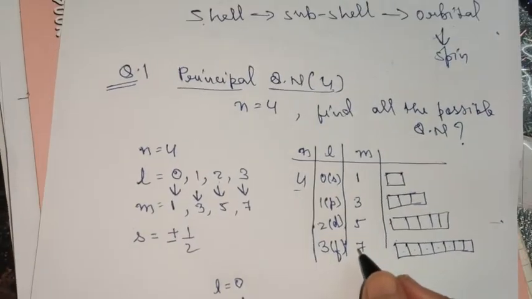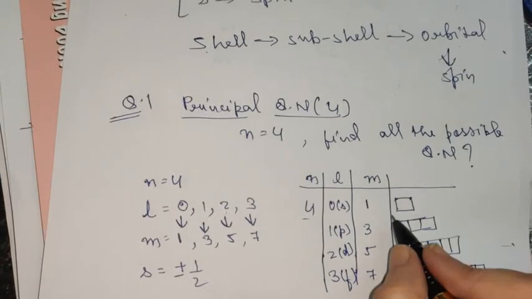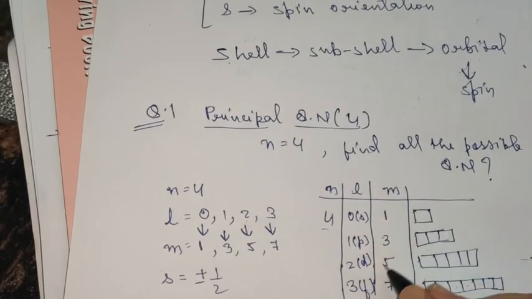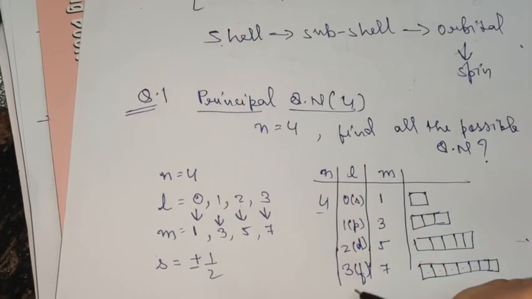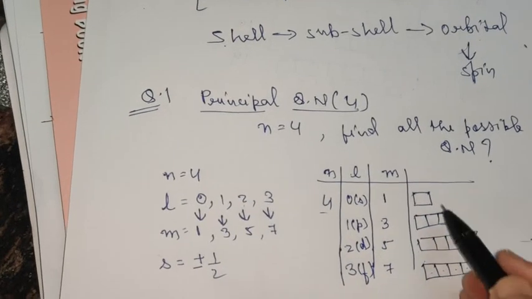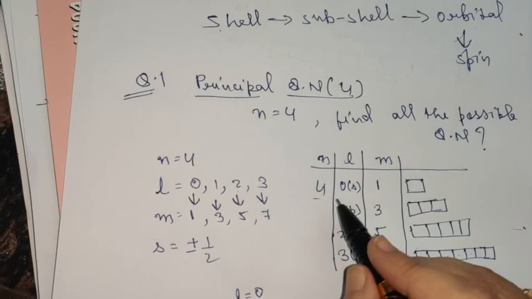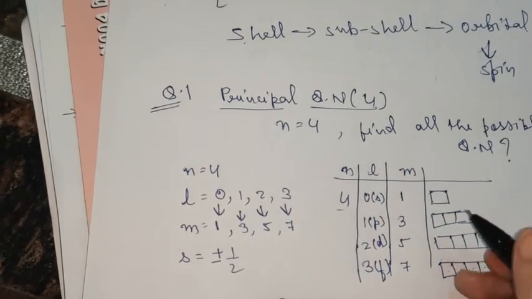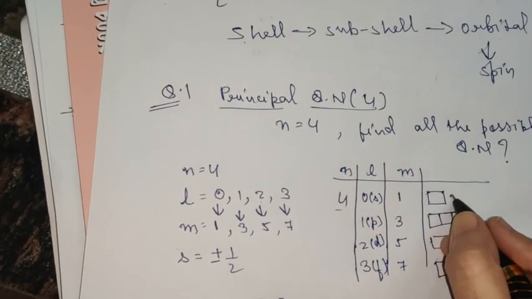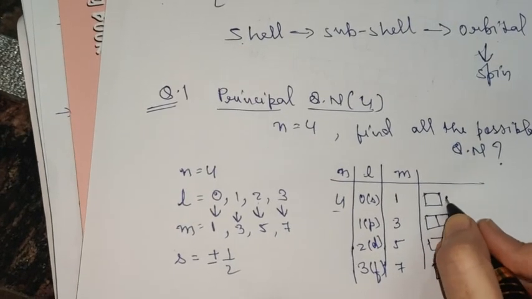These are the values. Then one more thing I told you, that if you know the value of l, then the various values of m, or the orientation, is equal to plus l to minus l. For this, only one orbital is there, the value of it is 0.